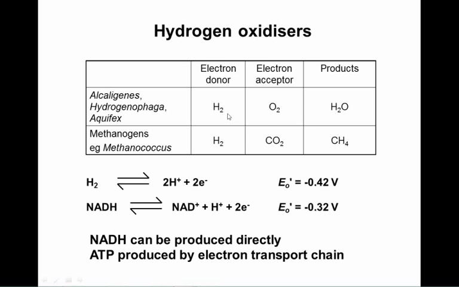The electron donor is hydrogen, the electron acceptor is oxygen. Massively favorable, it can explode, it can generate plenty of energy. Now, it's very easy for hydrogen oxidizers to produce both NADH and ATP, because the redox potential of this half reaction, so molecular hydrogen giving up its electrons, is even more negative than the redox potential for NADH to give up its electrons.